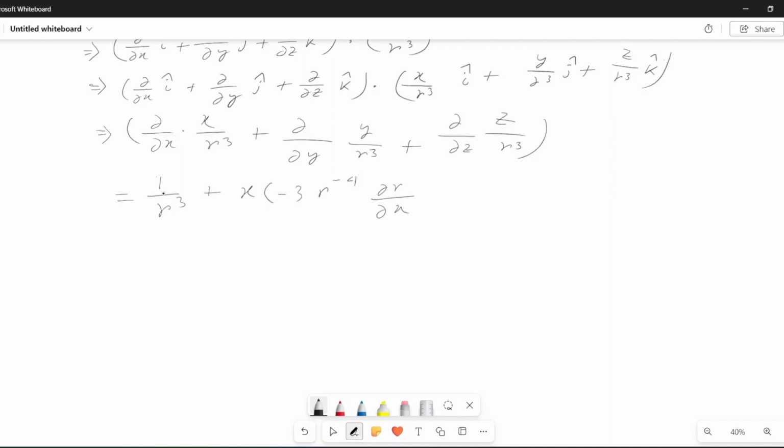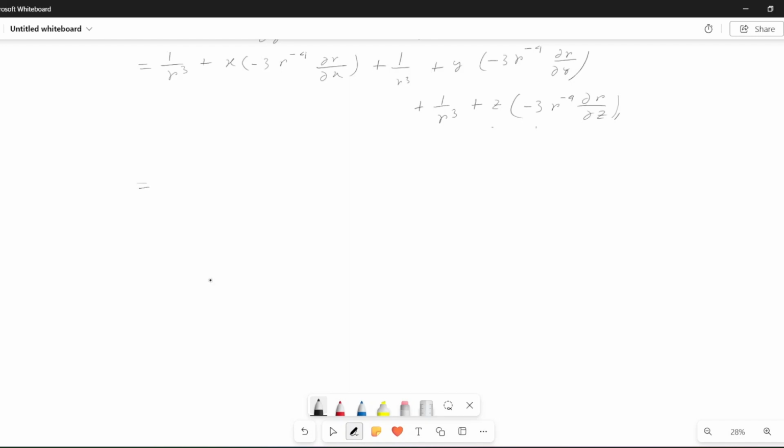In the same way we will have 1 by r cube plus y times minus 3 r to the power minus 4 del r/del y. Similarly we will have 1 by r cube plus z times minus 3 r to the power minus 4 del r/del z.